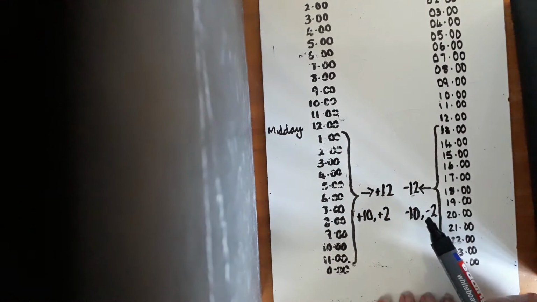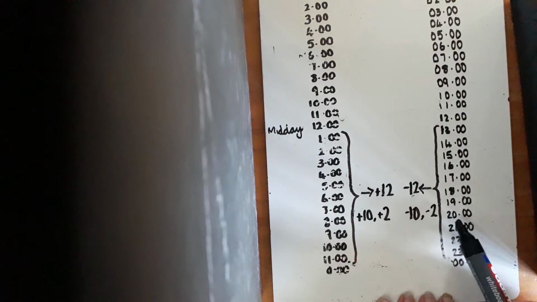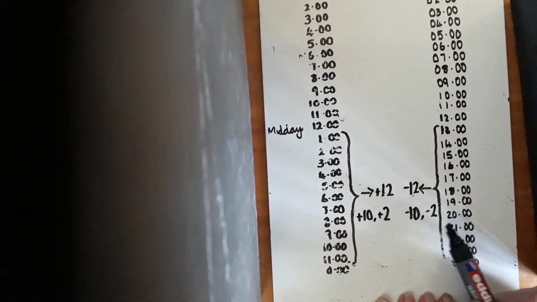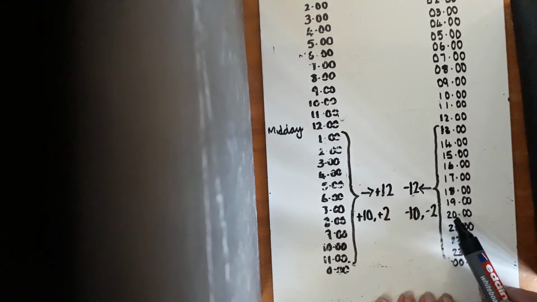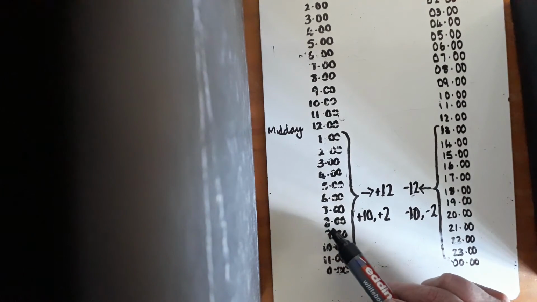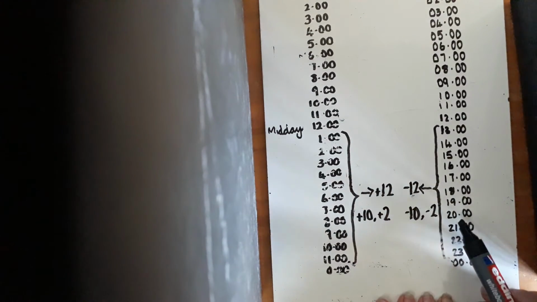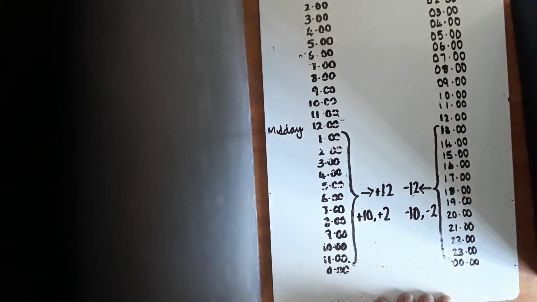If I'm coming the other way, they would call this 2000 hours. They would subtract 10 from 20, which is 10, and then subtract the 2, which is 8. And if we look on the other side, there we've got 8 p.m. Good.